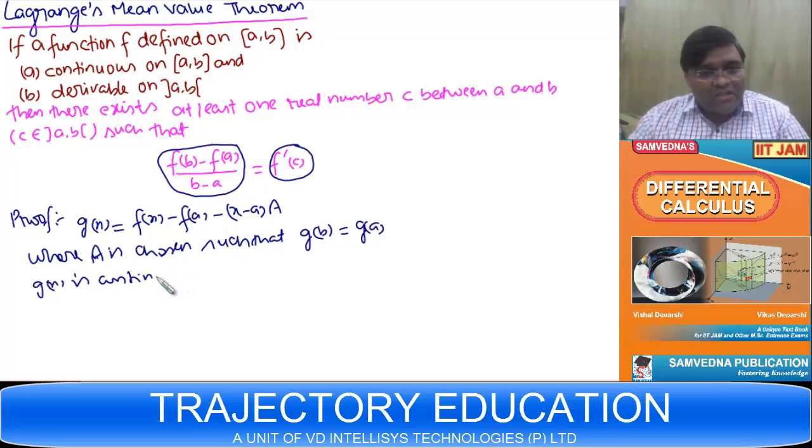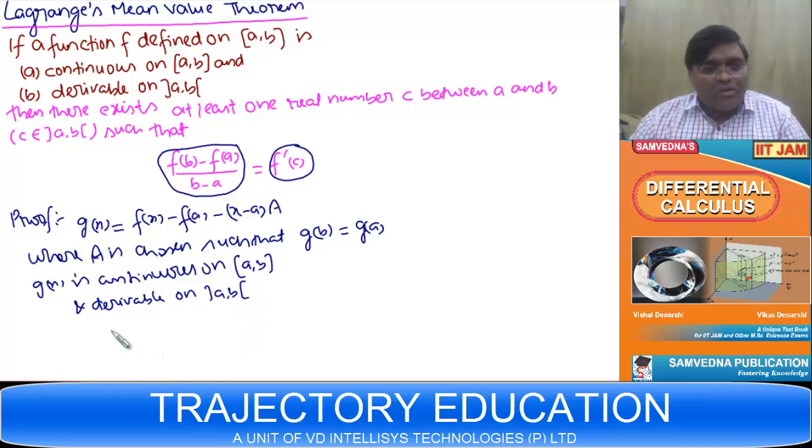So g(x) is continuous on the closed interval and derivable on the open interval. And also A has been chosen in such a way that g(b) is equal to g(a). So there will at least exist one point c such that g'(c) is 0.